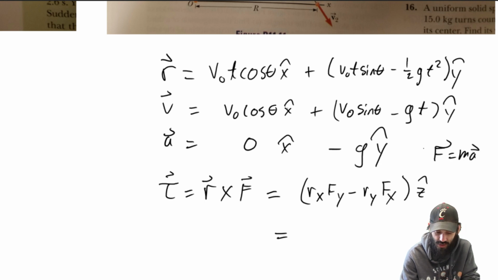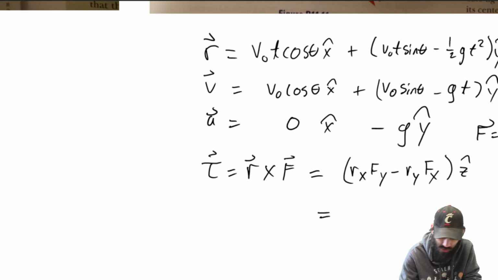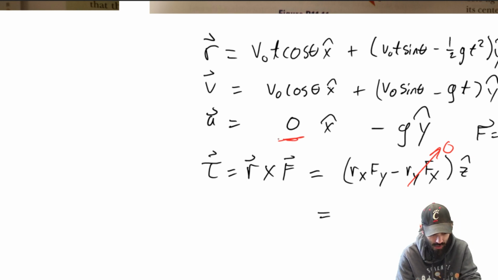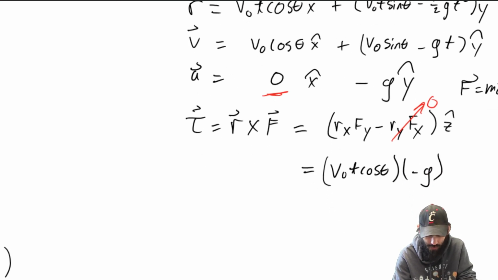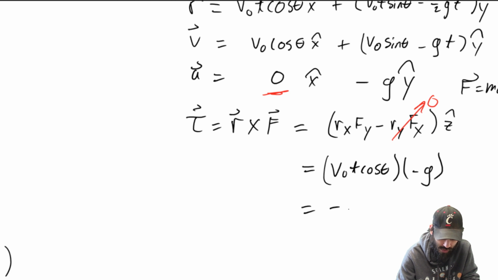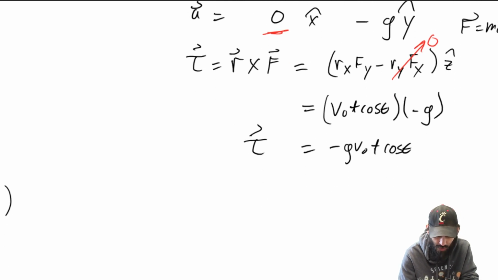There is no force in the x direction, which makes this term right here 0, right? Because there's no acceleration in the x direction, there's no force in the x direction. So then we end up having v0t cosine of theta times minus g, or this is going to be minus g v0t cosine of theta. That's our torque.